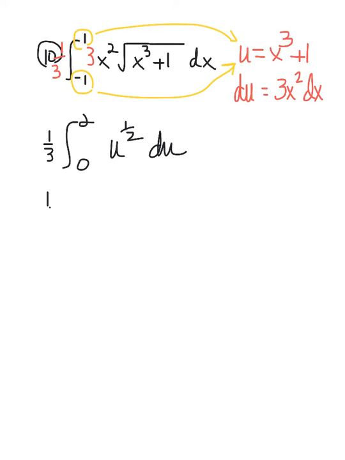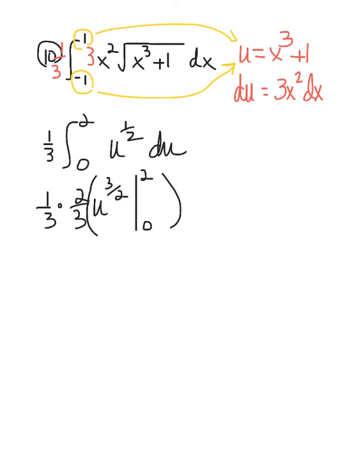So I'm going to keep that 1/3. When I integrate U to the 1/2, that's going to become U to the 3/2, right? Which means I need a 2/3 in front, which means I'm sticking that on the outside like that, and then my bounds from 0 to 2. No plus C because we have bounds.